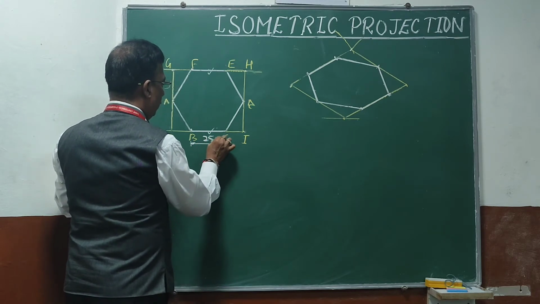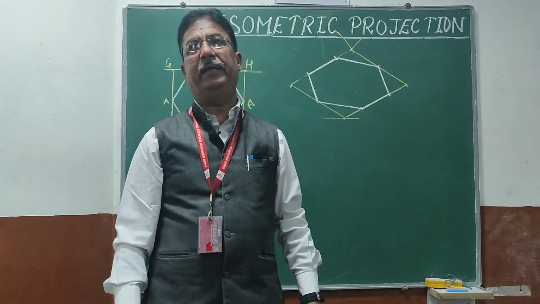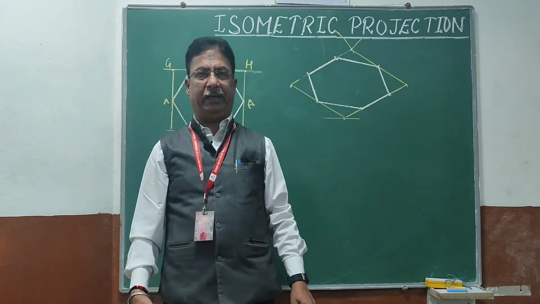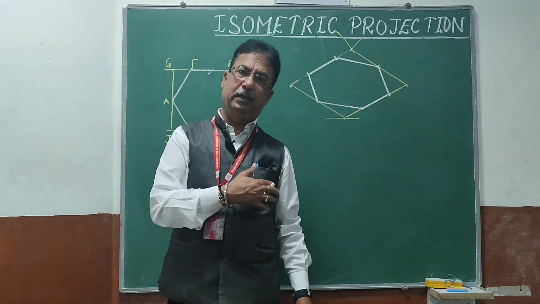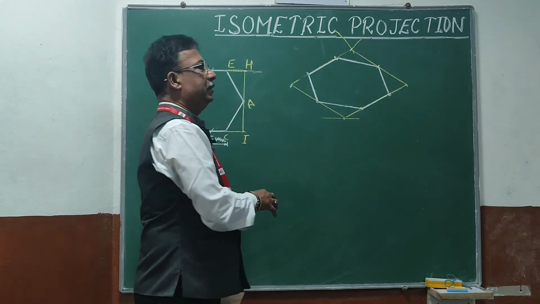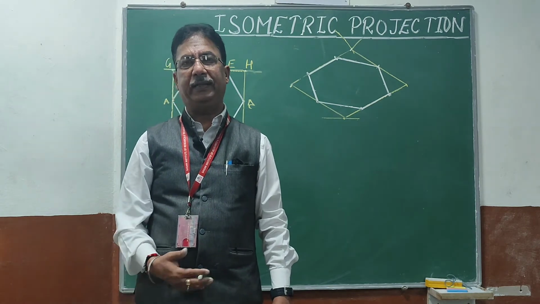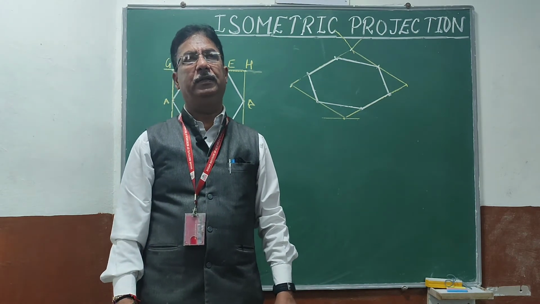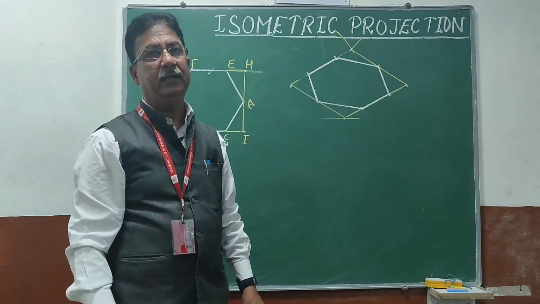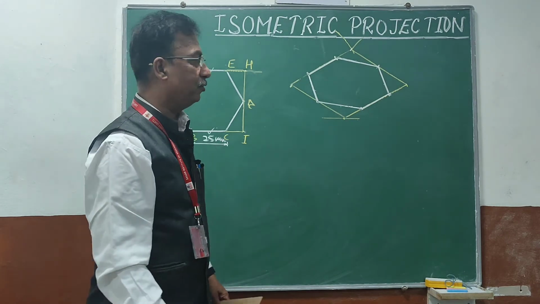Now we have already learned to draw 2D figures in isometric, but if I want to convert that into 3D, this is one of the easiest ways. Suppose this is not just a hexagon, this is the top view of a hexagonal prism. I have already plotted its isometric projection. Now I give it the third dimension, that is the length of the hexagonal prism.